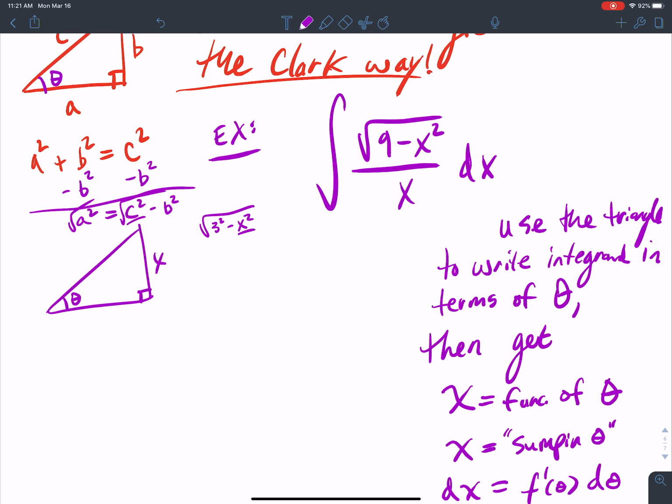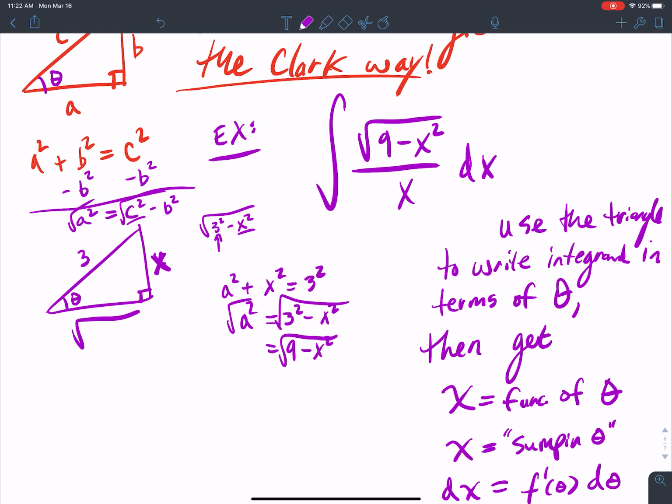So if this is the leg, the hypotenuse is 3, and then this side right here can be found by the Pythagorean theorem. I have a squared plus x squared equals 3 squared. To get a by itself, I subtract and then square root, and that just so happens to be that substitution we're looking to do right here.